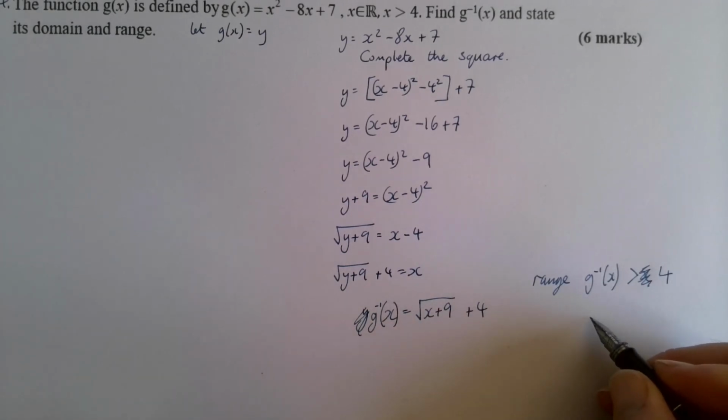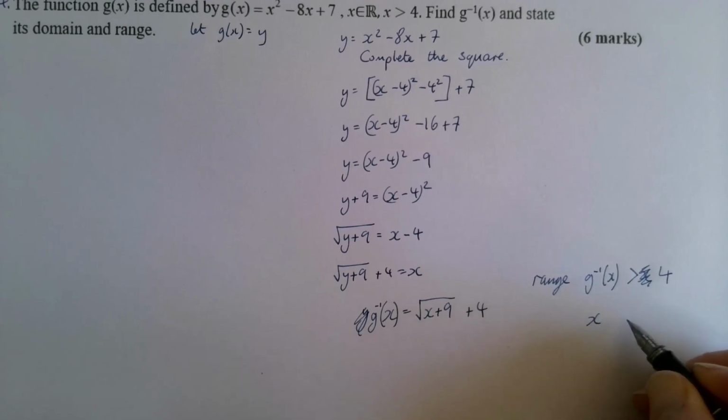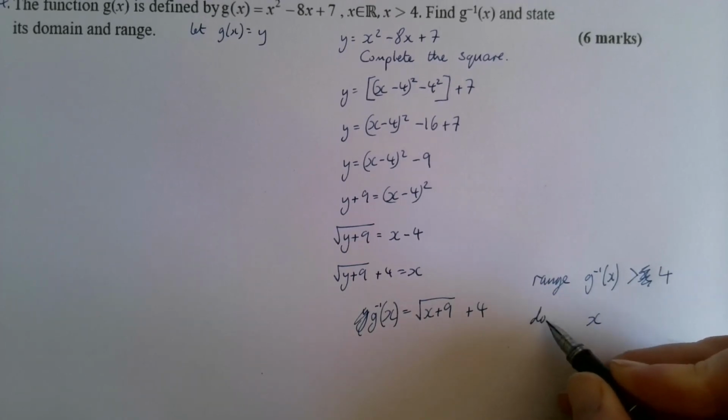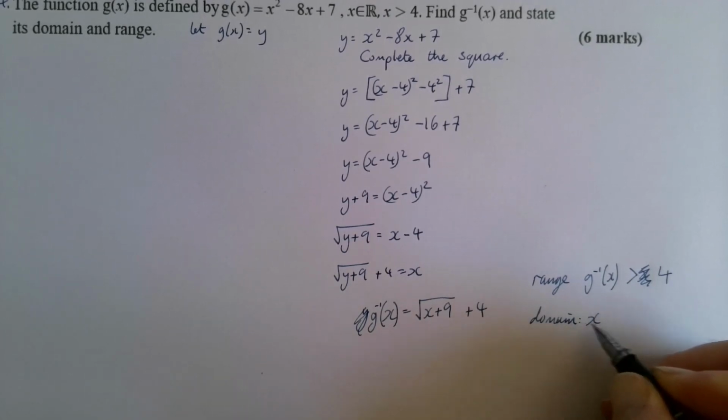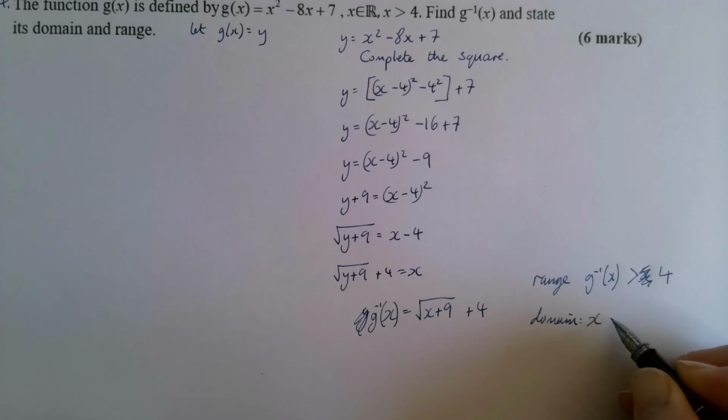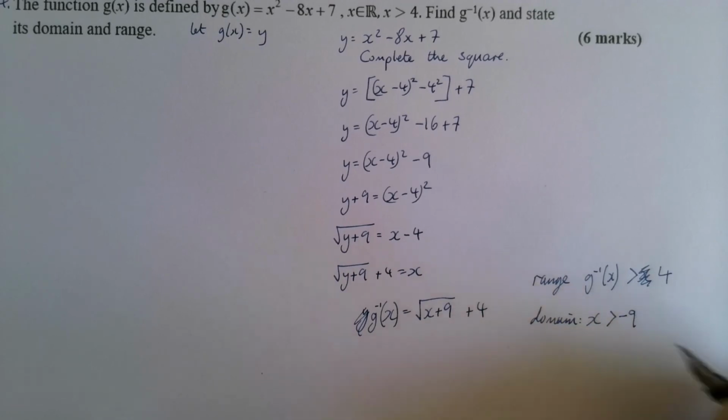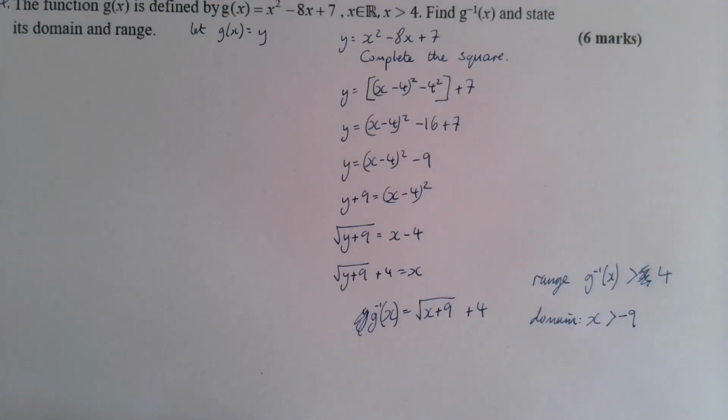So we can say that x, the domain, is going to be bigger than -9, so that this must be bigger than 0, so we can get a credible square root out of it.